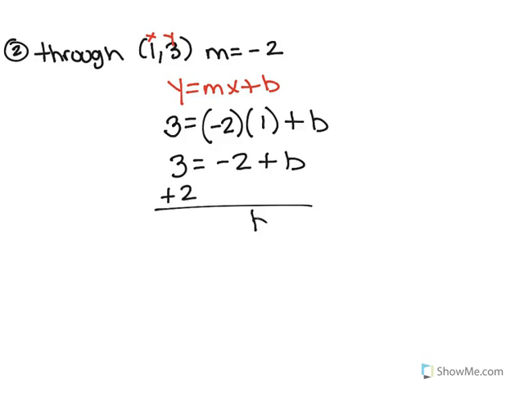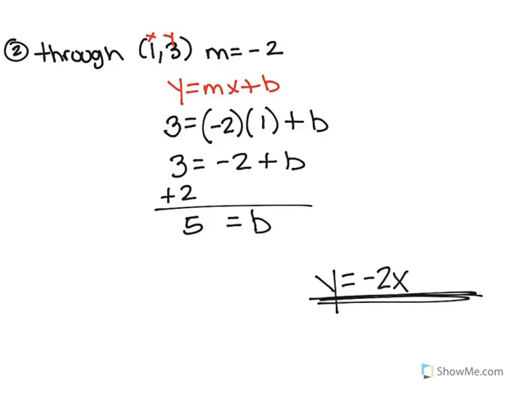Add 2. So your y-intercept, B is who? 5. But you can't finish there now. You got to write the equation. The full equation in slope-intercept form would be y equals what? -2x plus 5. Very good.